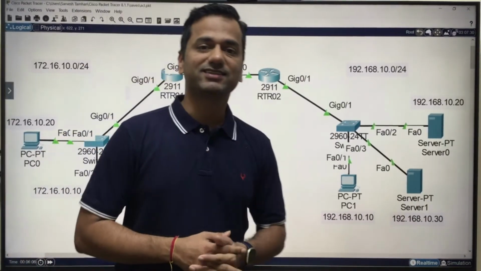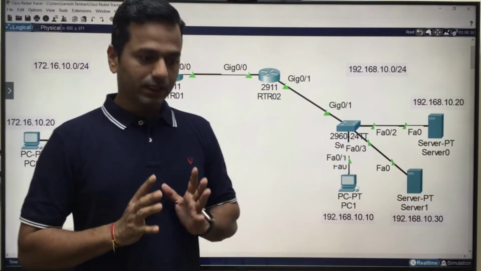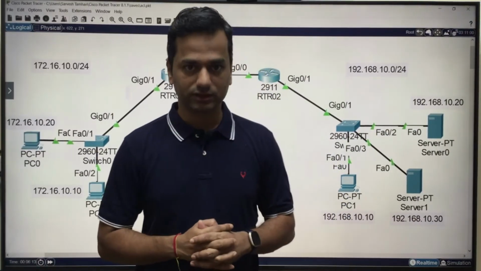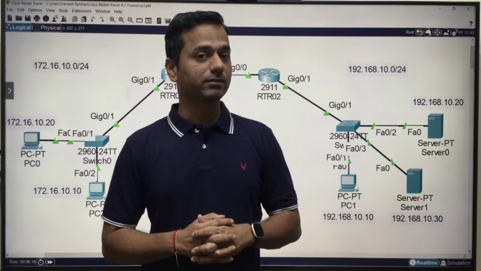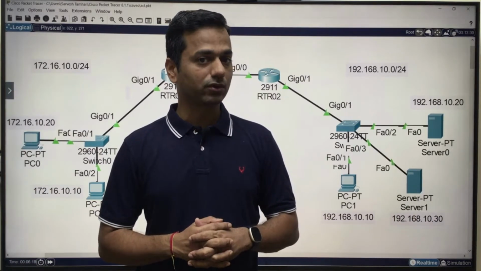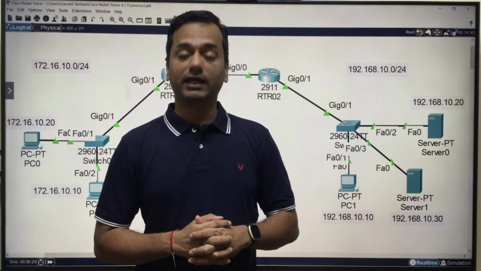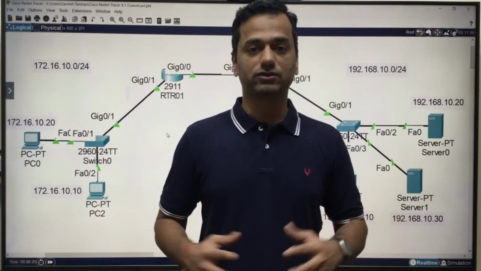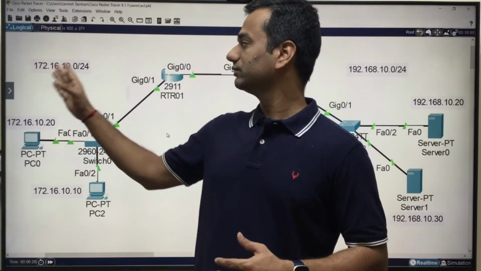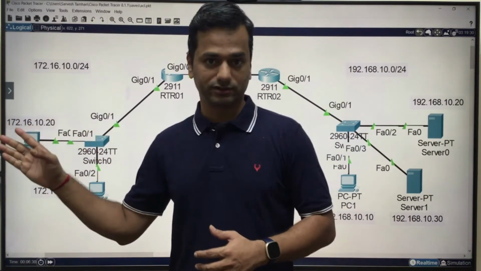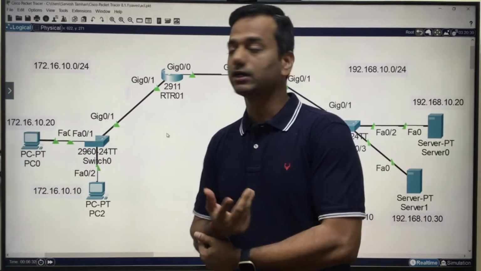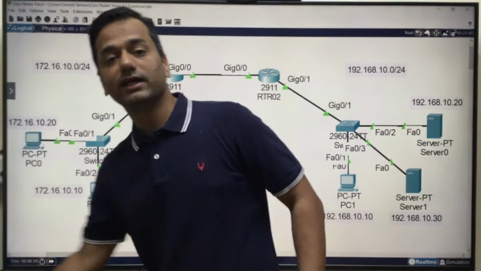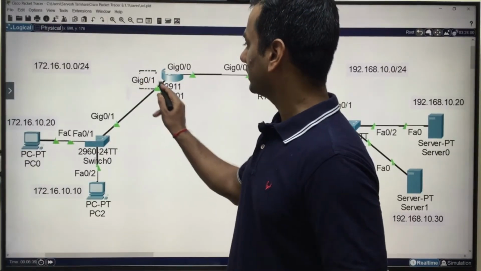Okay, so let's get started with the very basic lab. As per the requirement, we will configure the extended access control list. Extended access control list filters the packet based on the source IP, destination IP, protocol field and port number. Extended access control list we can apply as close to the source as possible. So who is our source here? 172.16.10.0/24 is our source, where this source subnet is configured on router 1 GigabitEthernet 0/1.